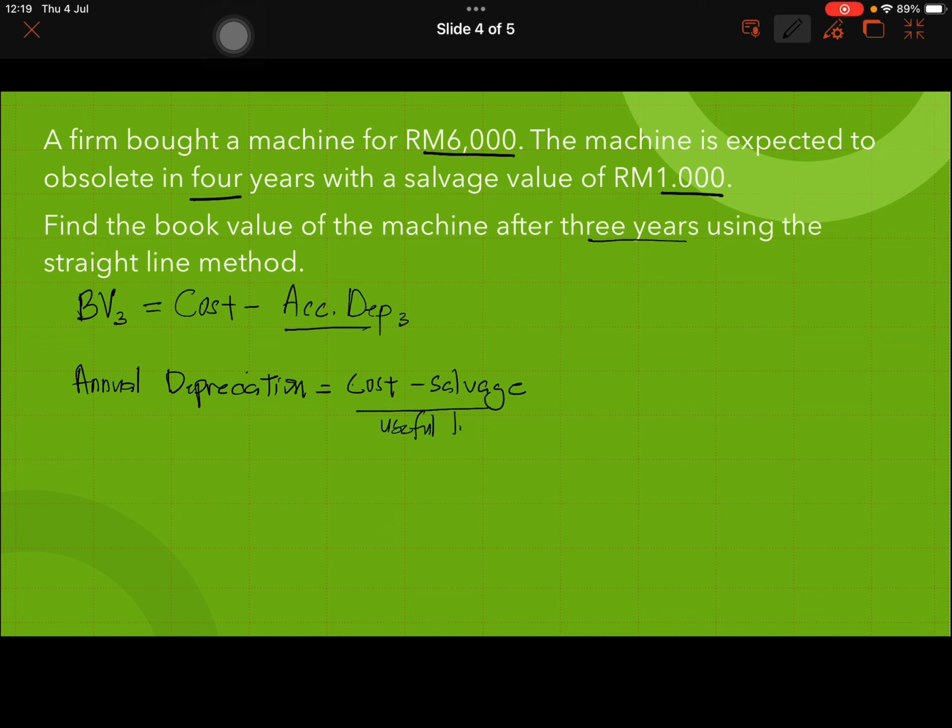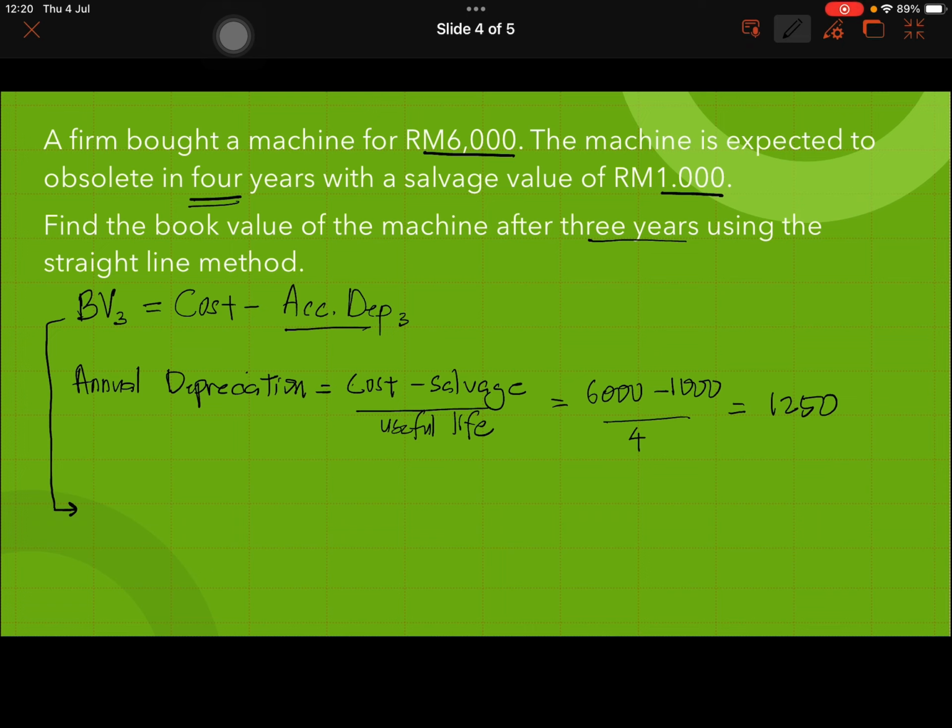It is easily computed as 6,000 minus the salvage value 1,000, divided by the useful life of 4 years. We plug into the calculator and we should get 1,250. So it means that every year our machine will reduce its value by 1,250.